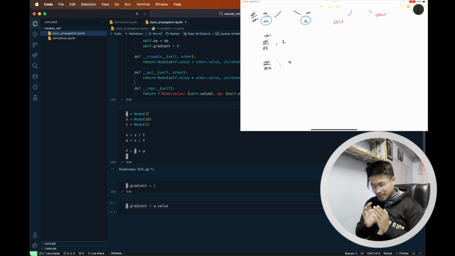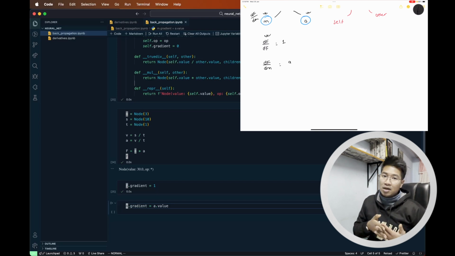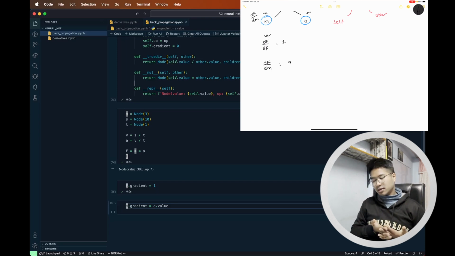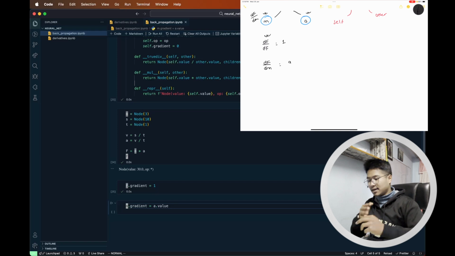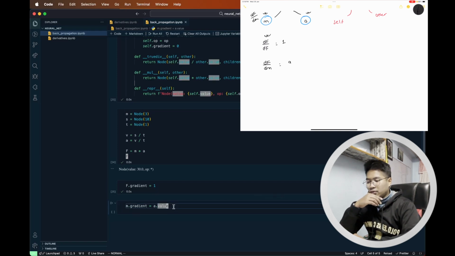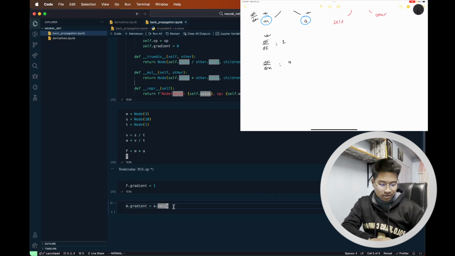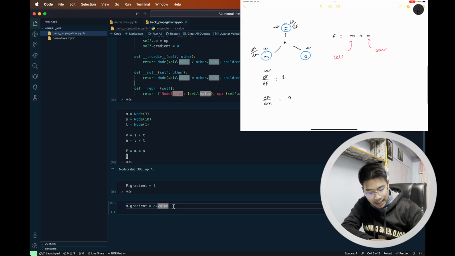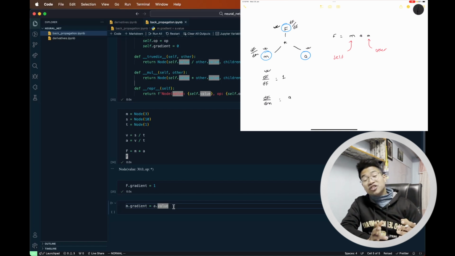But there's a problem here. If I do it this way, I would have to manually assign gradients for each of the nodes. Instead I would like to use this tree structure that we have, and think in terms of the children for my f.